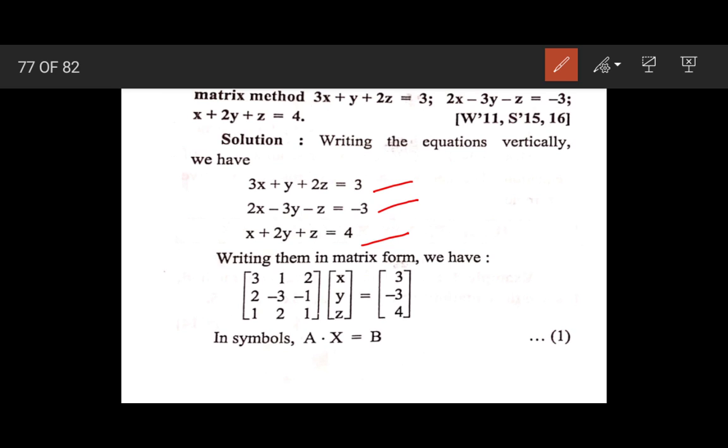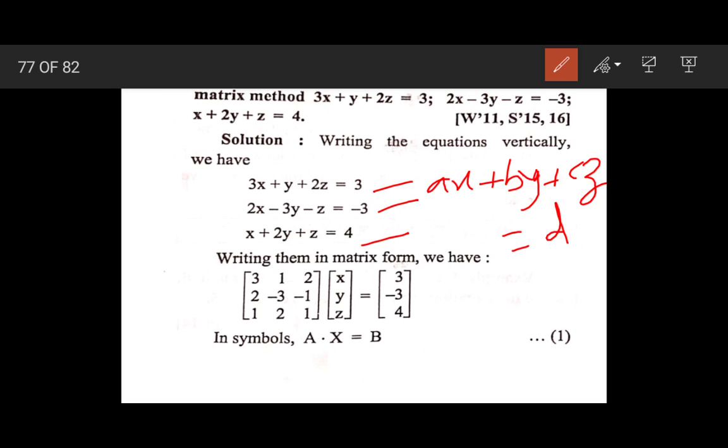After writing all three equations in proper form, like ax plus by plus cz equal to d, all the variables should be on the left hand side and the constant on the right hand side.